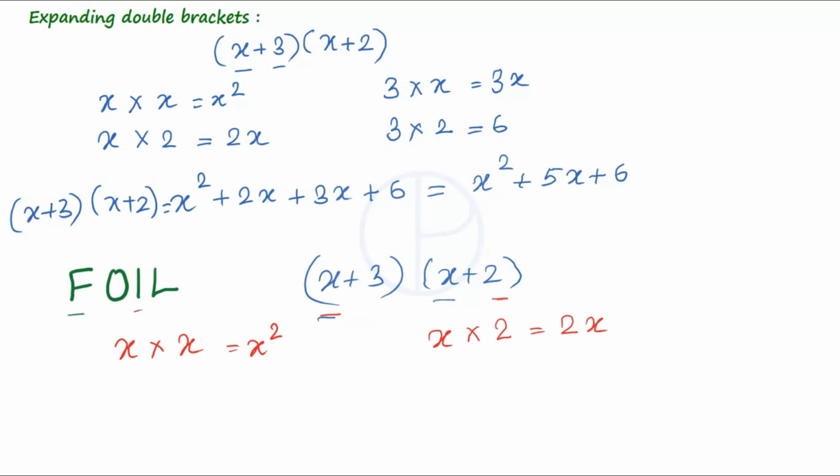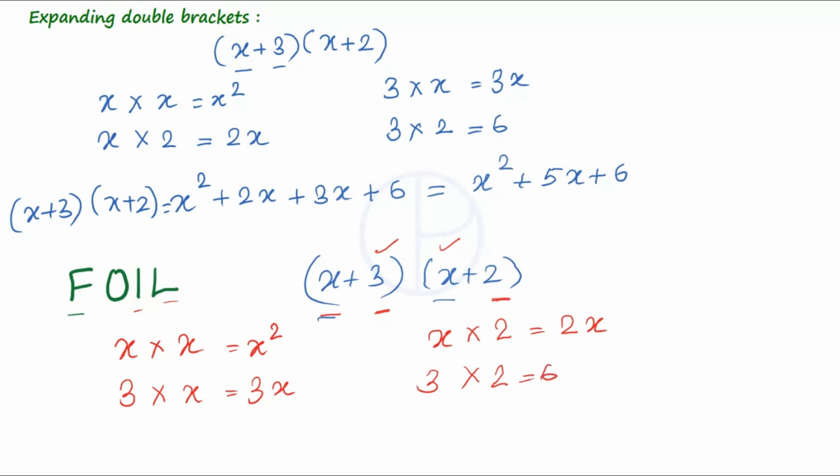Then I stands for inner, 3 and x. 3 multiplied by x is 3x. Then L stands for last. The last term in this bracket and the last term in this bracket is 3 multiplied by 2, which is 6.